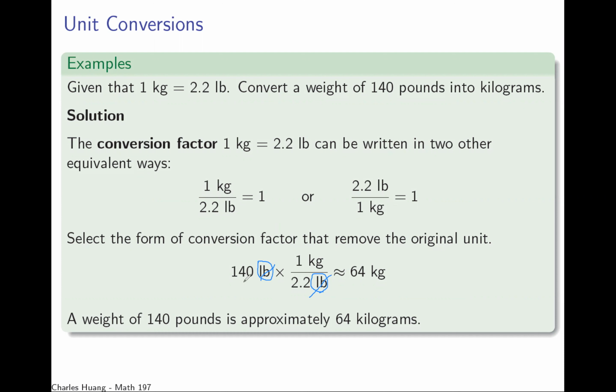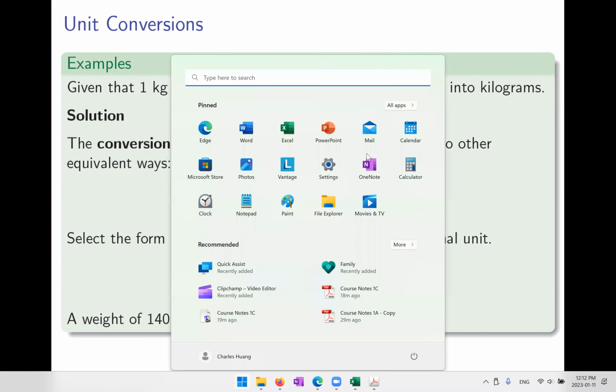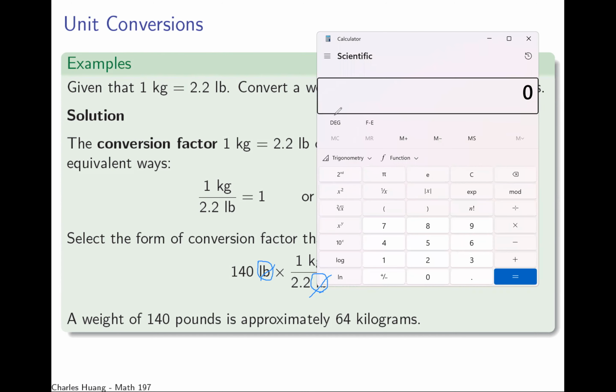On your calculator, because the 2.2 is in the denominator, we will take 140 and divide it by 2.2. Now I don't have to multiply by 1 because if I multiply or divide it by 1, that doesn't really change anything.